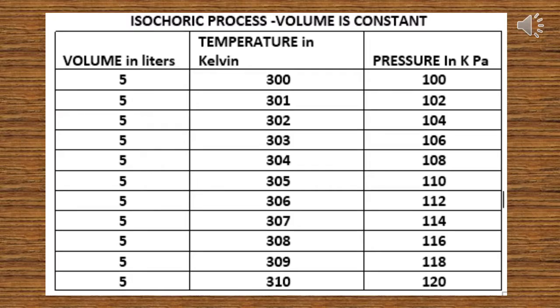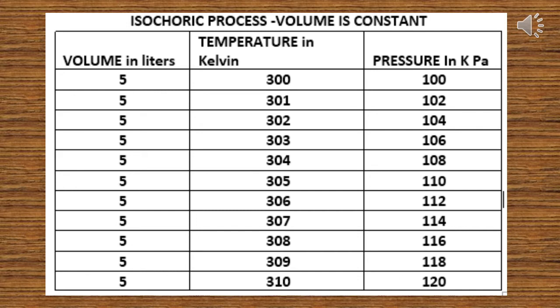To draw the PV diagram, TP diagram and VT diagram, some data are required. Here the volume is kept constant. The volume of the cooker is 5 liters. Therefore, though the temperature and pressure both are changing, volume is kept constant.